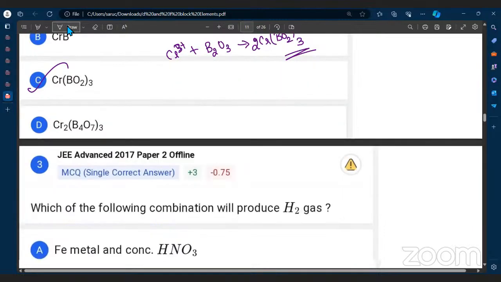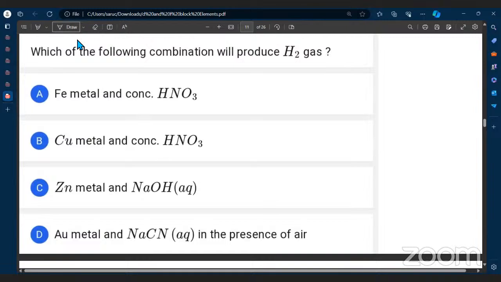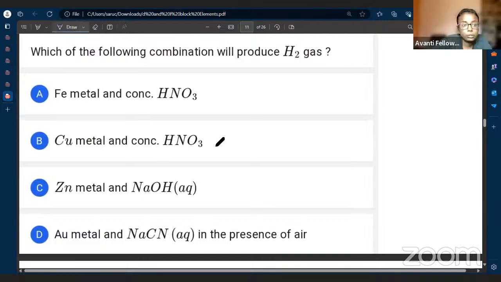Which of the following combinations will produce H2 gas? Iron metal with concentrated HNO3. What will concentrated HNO3 do?